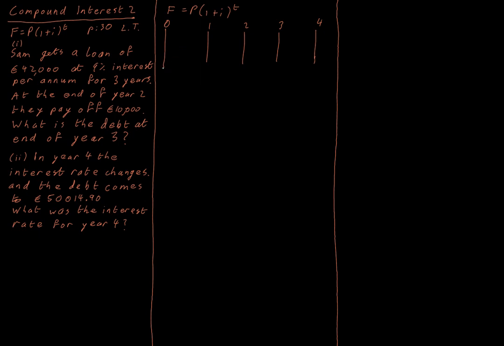Presently, when the loan is taken out, we're at €42,000. Now I can use my formula to go from here in the present up to year 2.